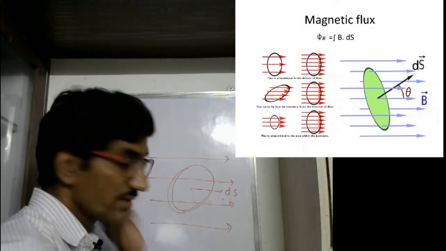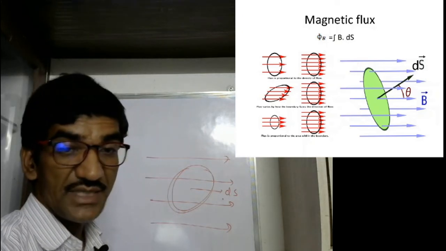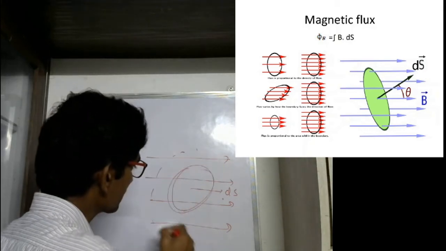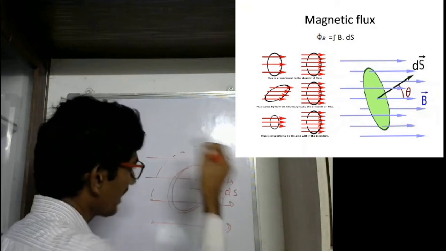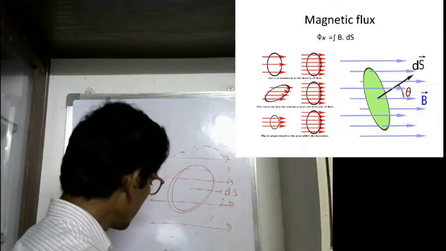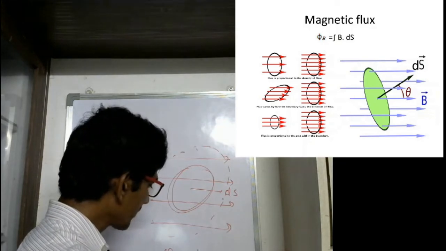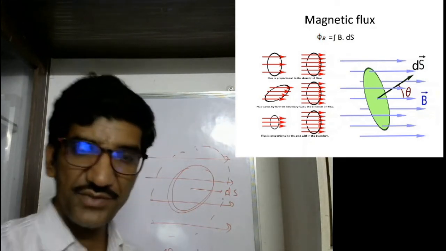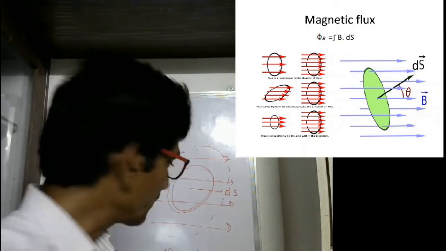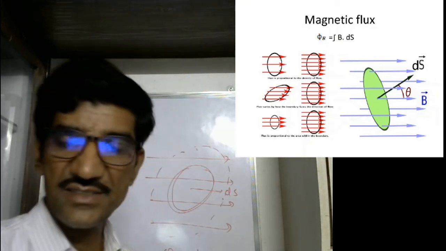What happens when you increase this ds? If you increase this ds, many lines of force pass through it. So phi is proportional to ds. If you increase the size of ds, more lines are included. So your flux depends on ds.